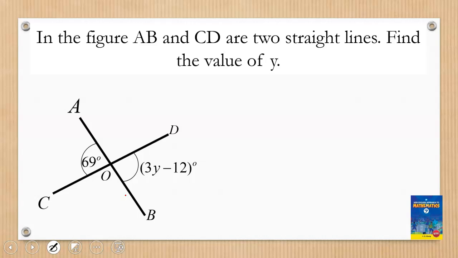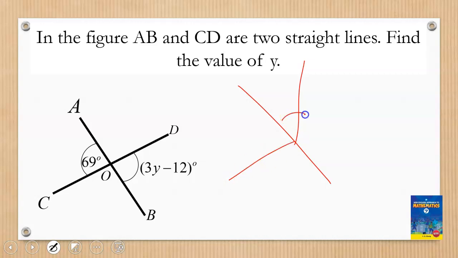In the figure, A, B and C, D are two straight lines, and they form vertically opposite angles. But be careful. Let's assume that I have this, and this, and that.